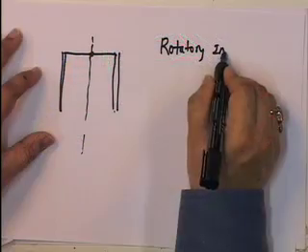So, when you have a large dimension cross section, and this is your neutral axis, it is very difficult to say that look, this entire mass is concentrated at this point. So, in such a situation, you have rotatory inertia.